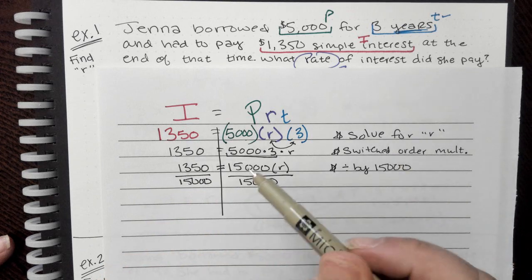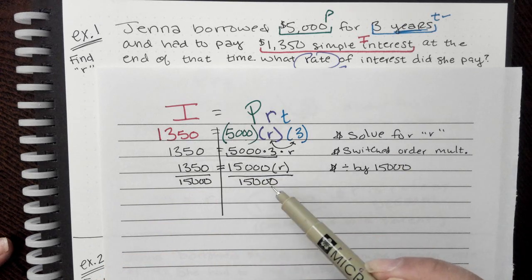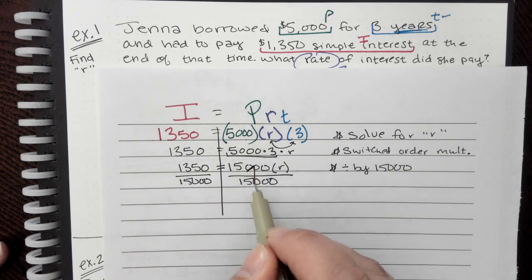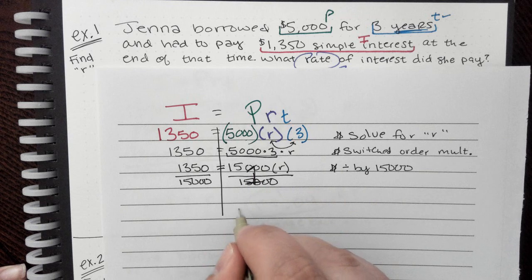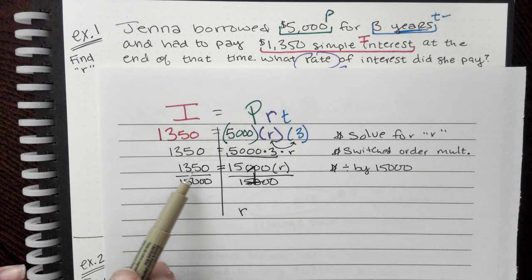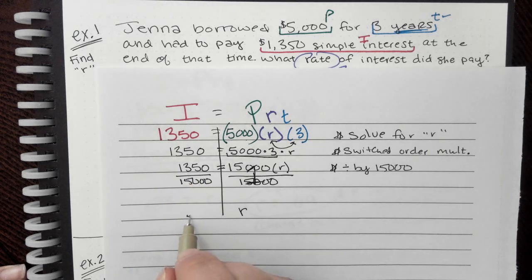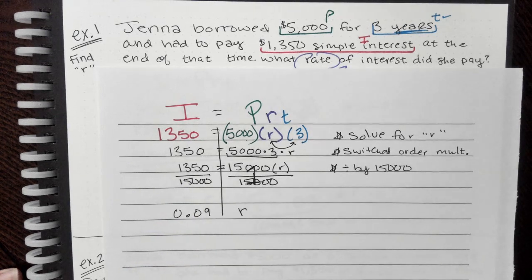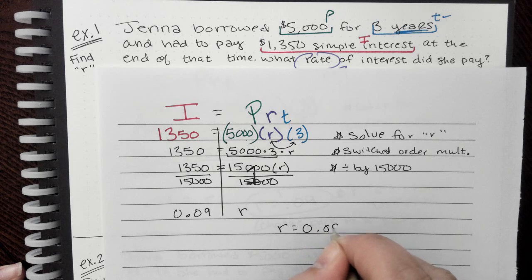We are doing that because on the right side, 15,000 times R divided by 15,000 would make 1 times R, which leaves us with just R. On the left side, 1,350 divided by 15,000 gets 0.09. Now we know that R is equal to 0.09.